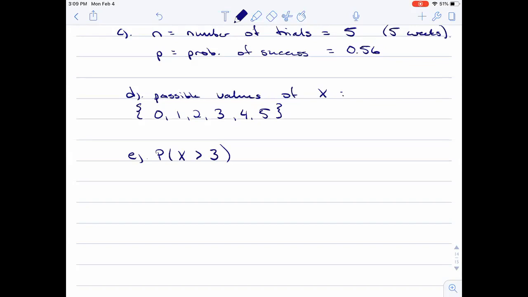And we know how to deal with that, right? We can find the probability of 4 using that formula, or the probability of 5. So we just find those two individually and add them up. So the probability that X is greater than 3 is the same as the probability that X is 4 plus the probability that X is 5.